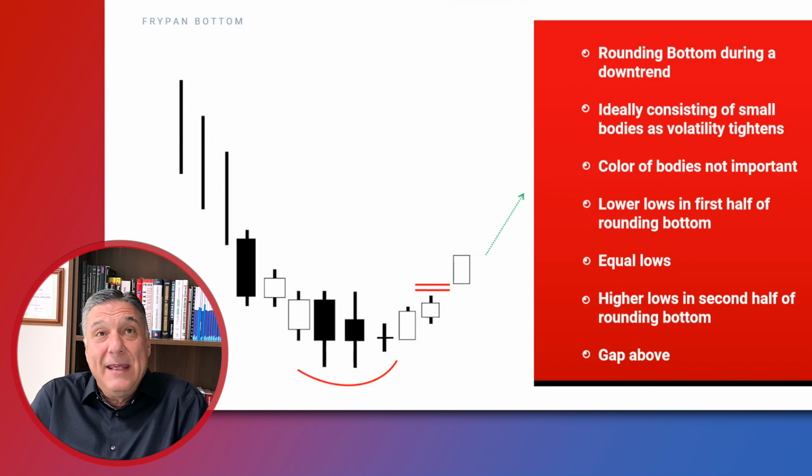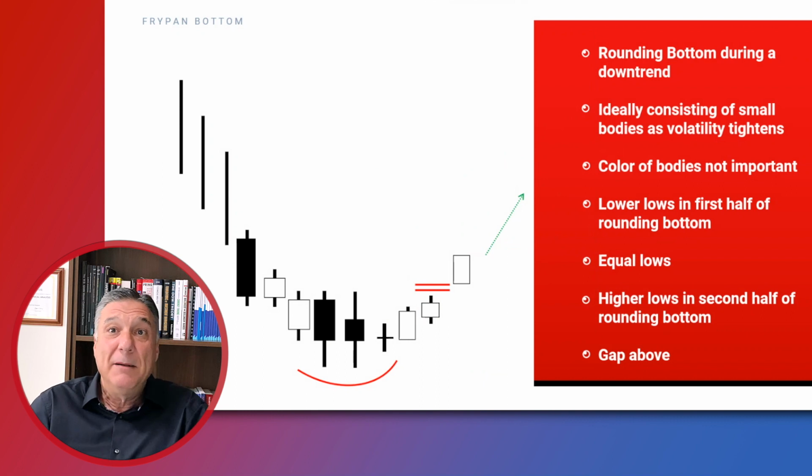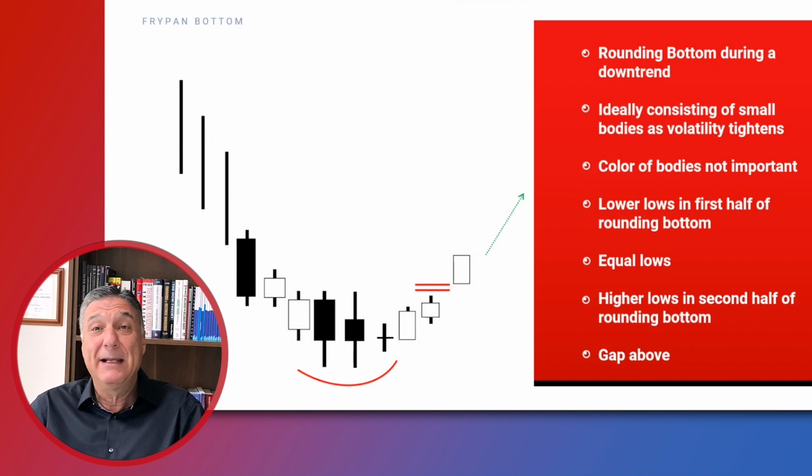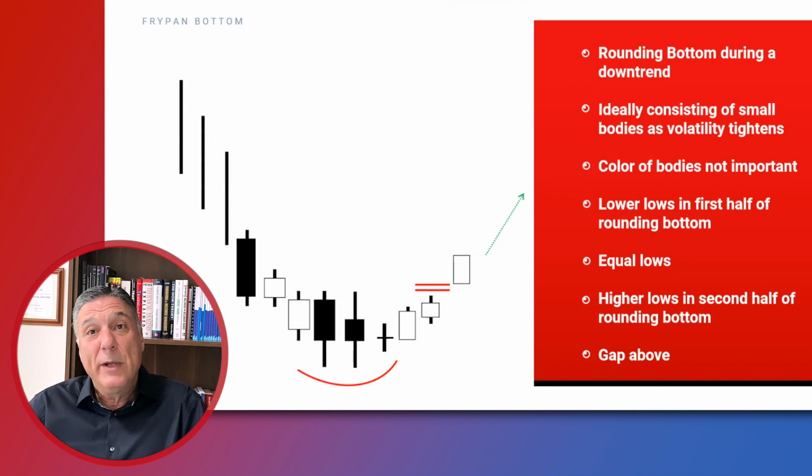Now, the Frypan bottom reversal pattern can be characterized by different phases. One phase is the downward phase where we can see lower lows. The small bodies form lower lows. Then in the middle of the Frypan, we might see equal or almost equal bottoms.